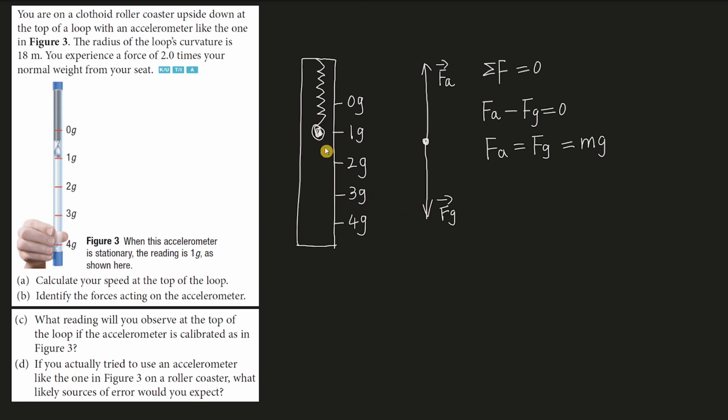For this accelerometer to work, the spring should extend. Then we can get reading on the accelerometer. That means to use this accelerometer, the top end of it should point to the direction of the acceleration.